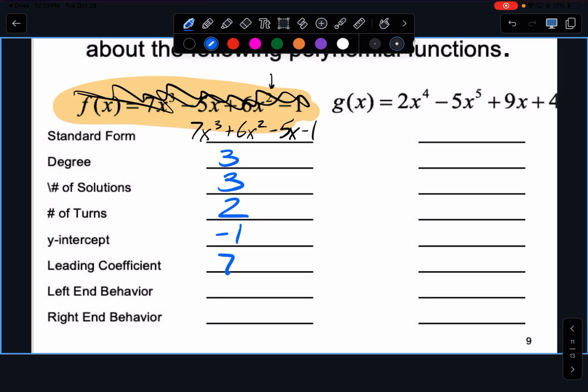So then now we can use our degree and our leading coefficient to figure out our end behavior. So if it's an odd degree and we have a positive leading coefficient, my left end is going to be fall. My right end is going to be rise.